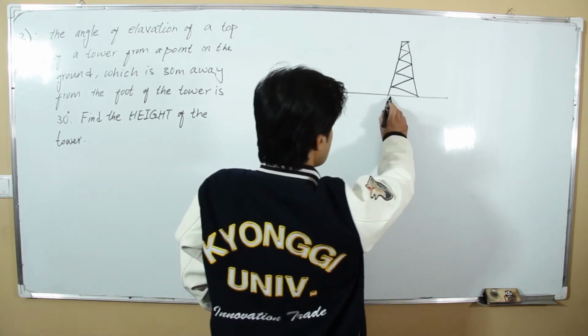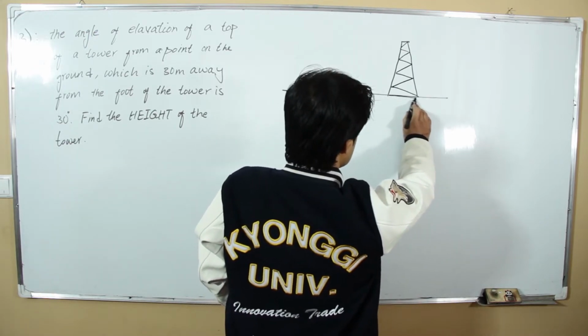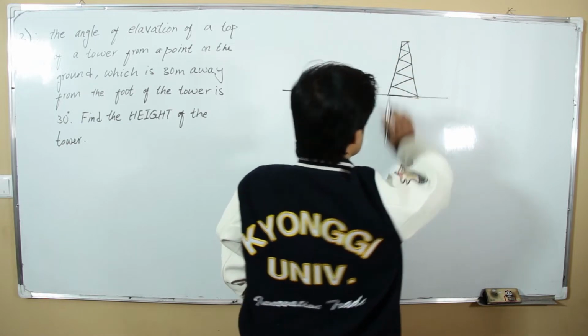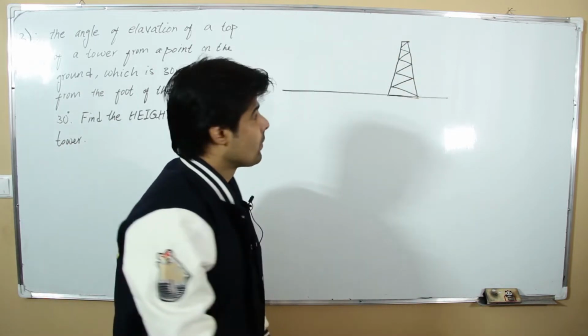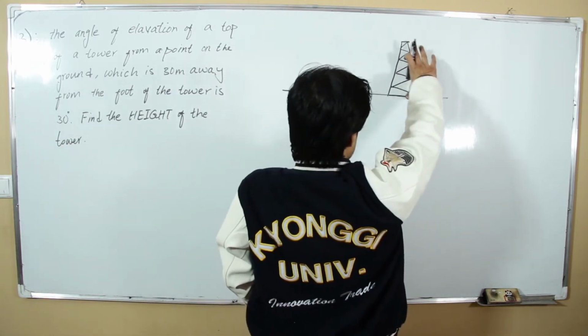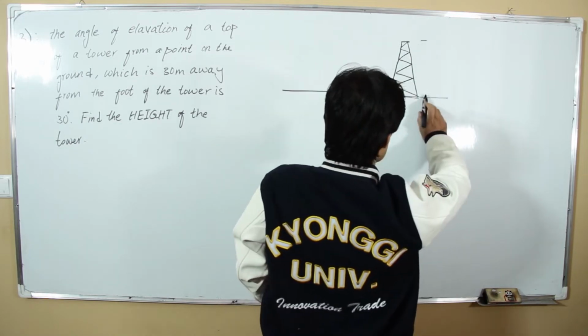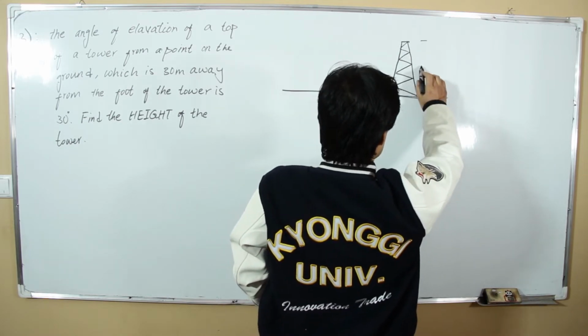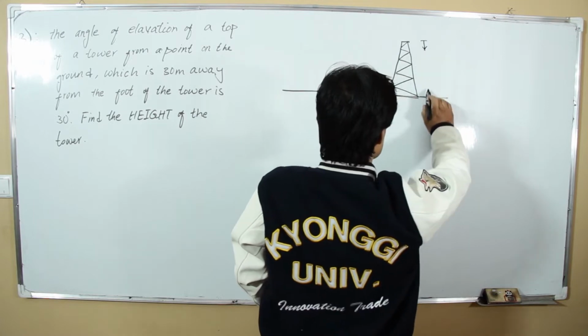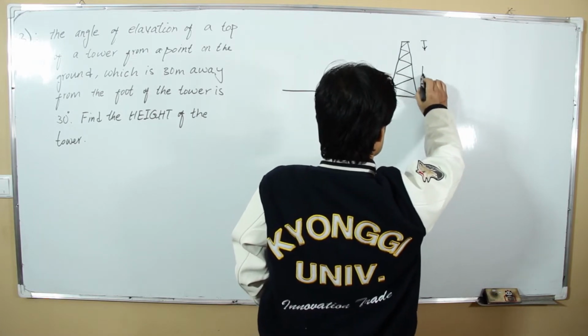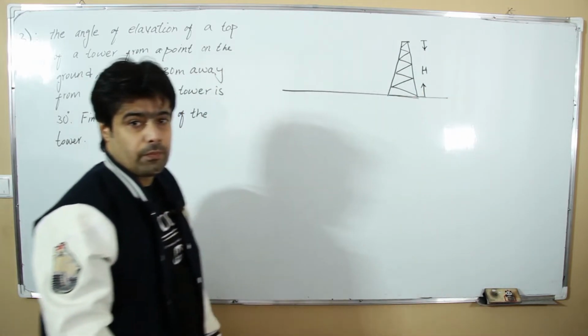This is the foot of the tower, and this is called the top of the tower. We don't know the height of the tower. The height is not given, h. You have to find this one.